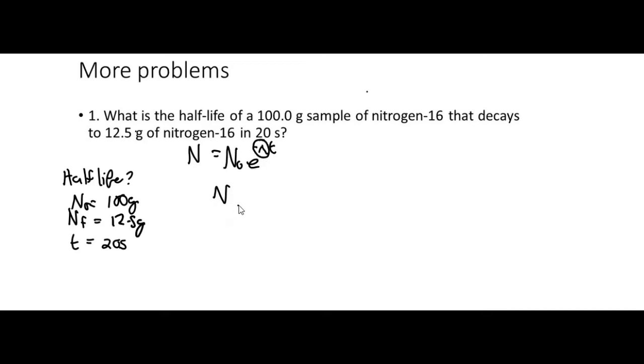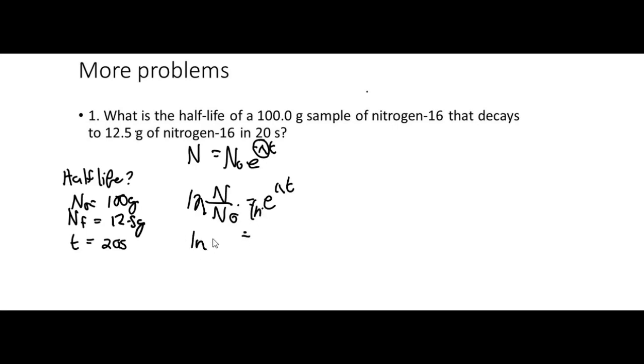All right. So let's divide the initial amount. N equals N0 times e to the negative kt. So we need to remove the e. So let's have the ln here, ln here.